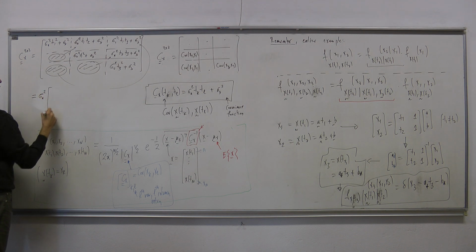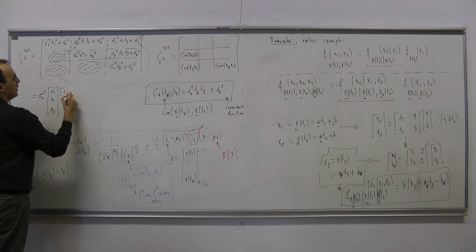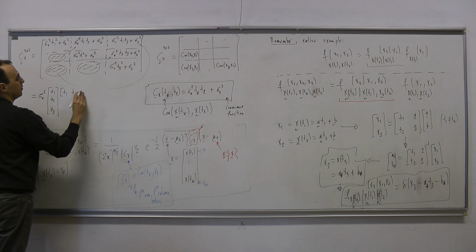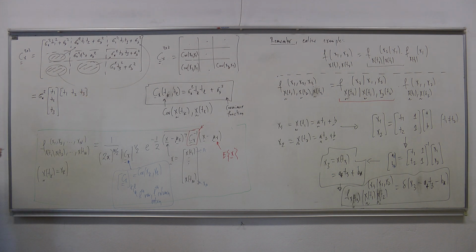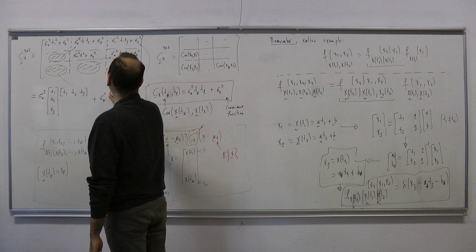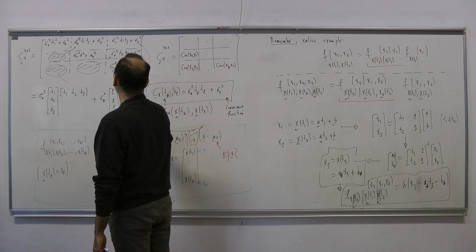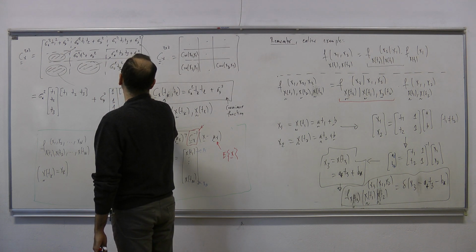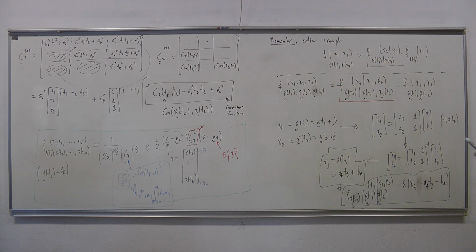Sigma A square times T1, T2, T3 with T1, T2, T3, plus sigma B square times the matrix of all 1s. Can I write the same matrix like that?